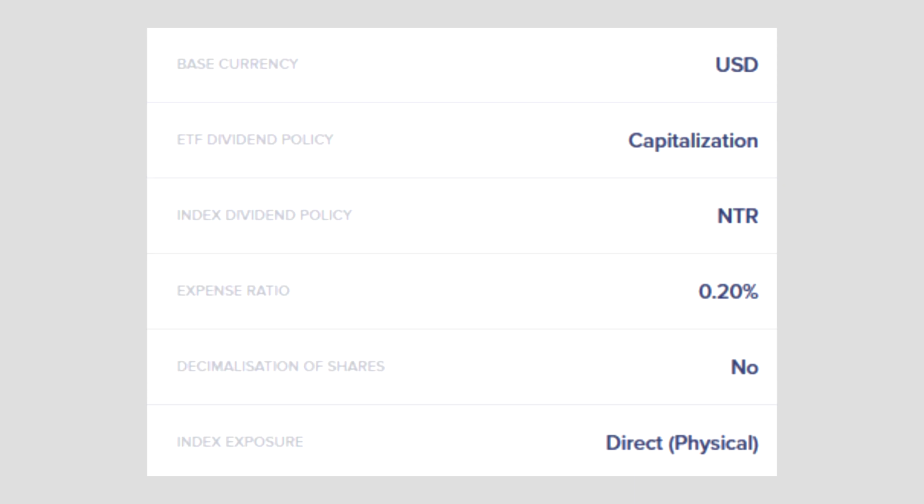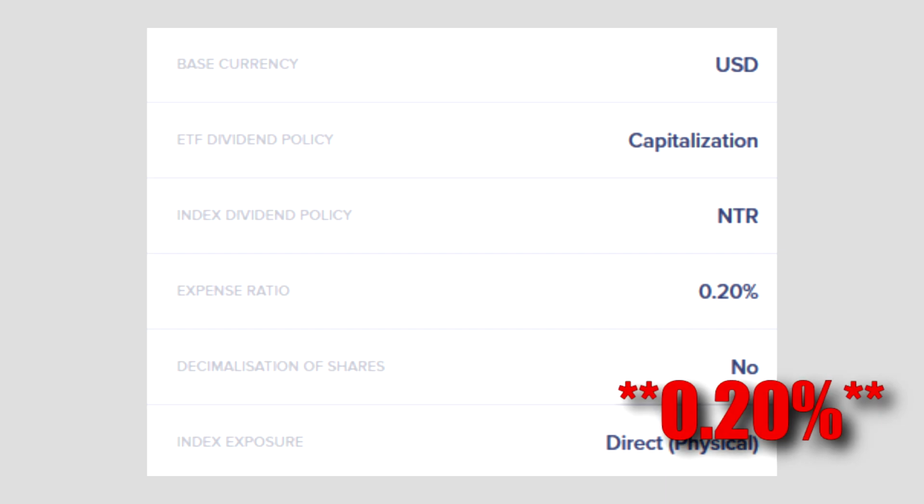Most trackers' running costs are less than 1%. A lot of great ETFs have costs of just a mere 0.2%. The costs are low since there are no transactions being made in the ETF itself. The composition of the fund remains the same throughout the year. So less costs, more return.